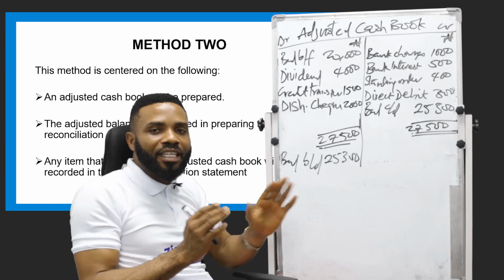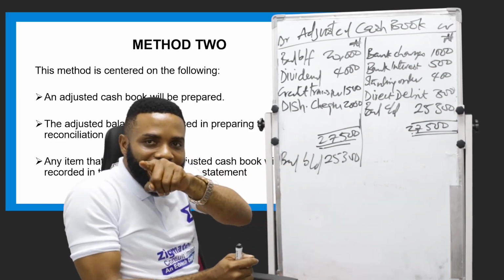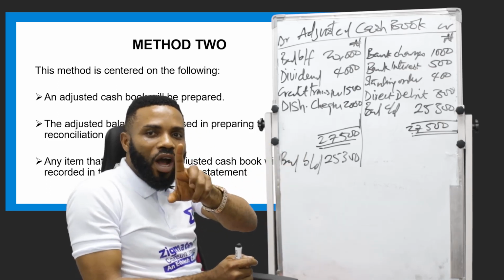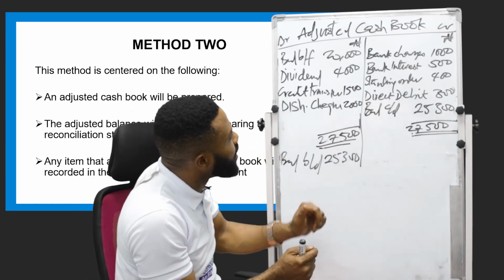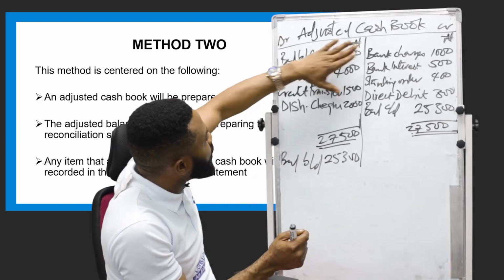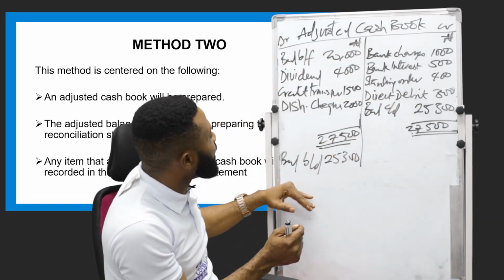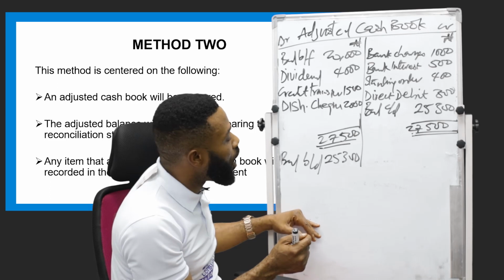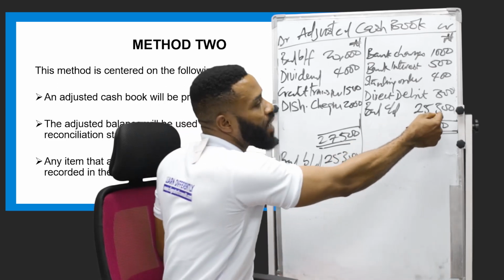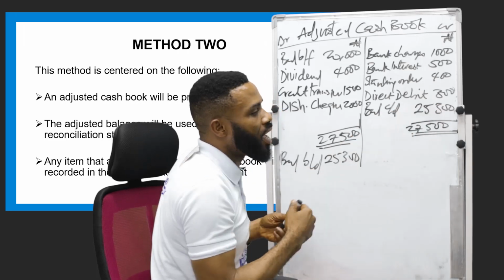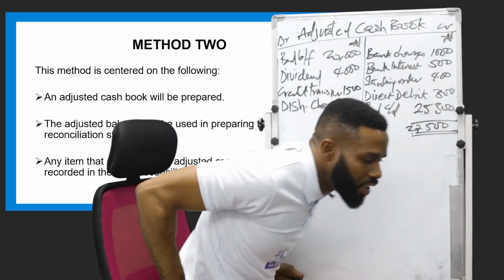Now, having prepared your adjusted cash book, this method is centered on one thing: an adjusted cash book must be prepared. Having prepared this, if you go through it, you cannot see unpresented check or uncredited check. What you are going to do now is use this balance to prepare your bank reconciliation statement.